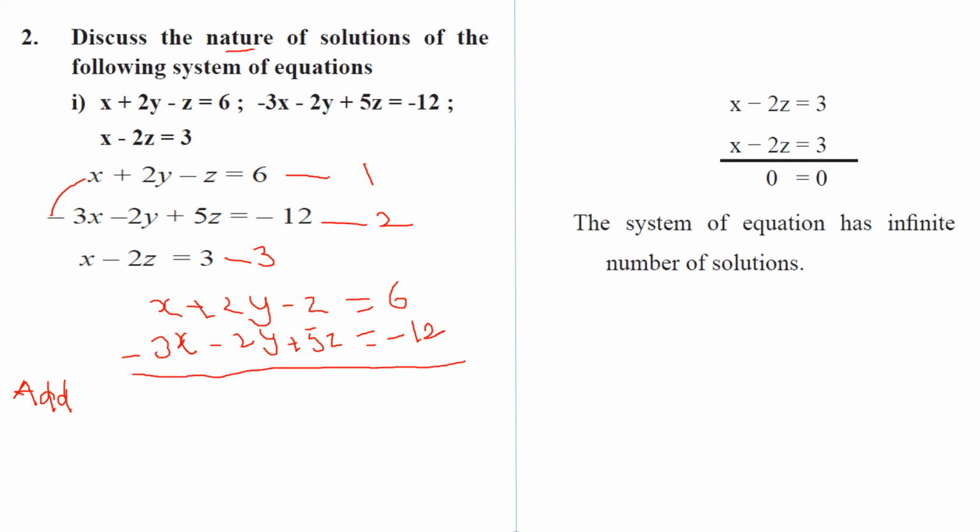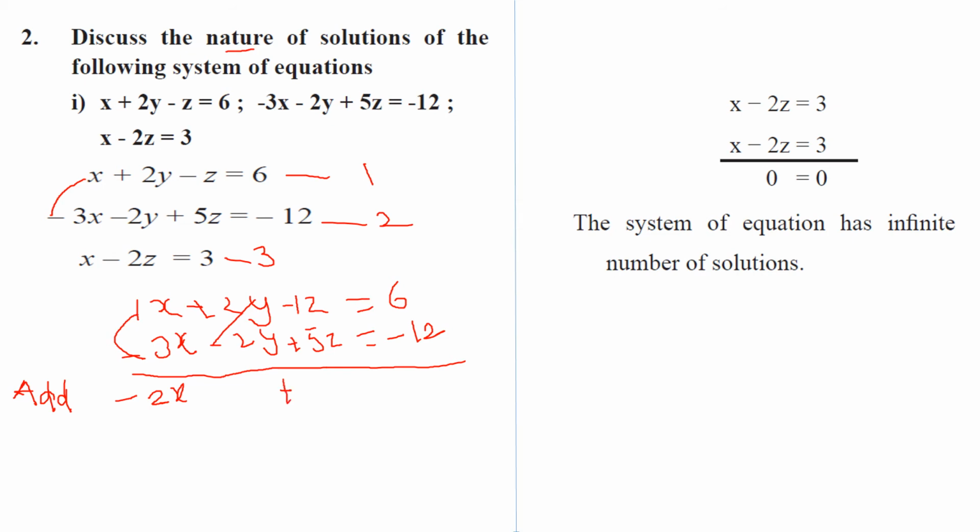So x coefficient, 1 minus 3. Subtract and put the greater number sign. 3 minus 1, 2. Greater number sign, minus 2x. Plus 2y minus 2y, that is unlike sign with the same term, so cancel. Minus z coefficient 1, so minus 1 plus 5, subtract and put the greater number sign. 5 minus 1, 4.